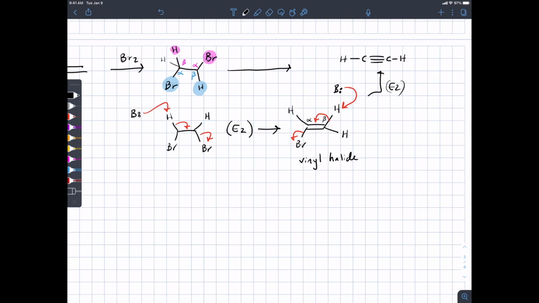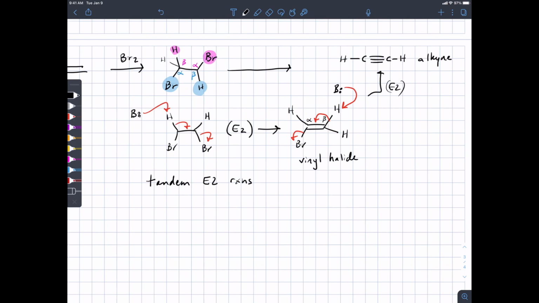So this reaction sequence where you have two E2 reactions in series, I'm calling these tandem E2 reactions of the vicinal dihalide to give you first the vinyl halide and then the alkyne. Except that's not an H, is it? Alkyne, right?